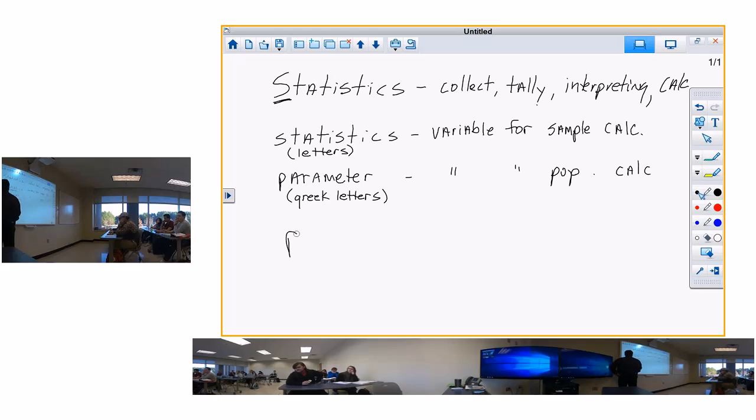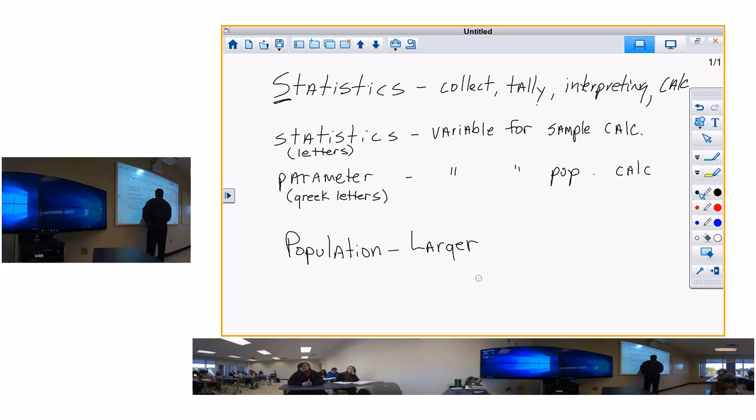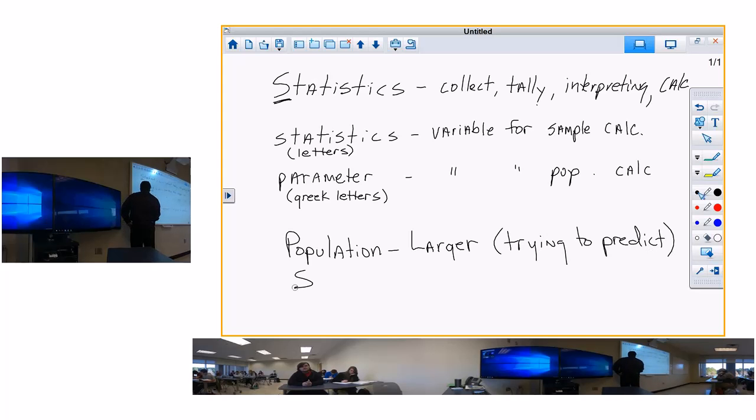A population is the larger group, the larger group which you are trying to predict. And what do you use to predict that? You use the sample, which is the smaller group.